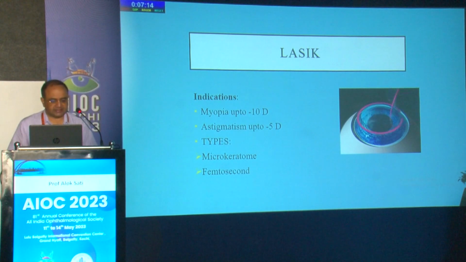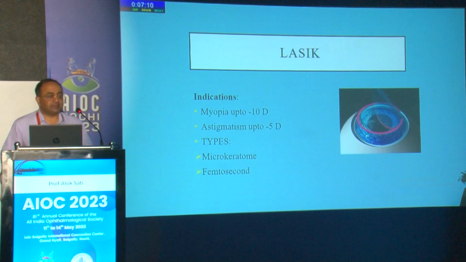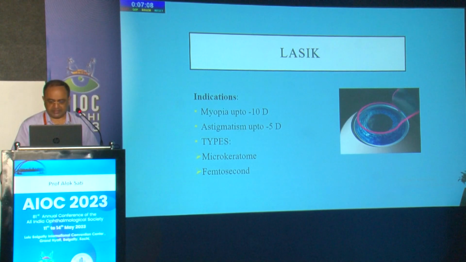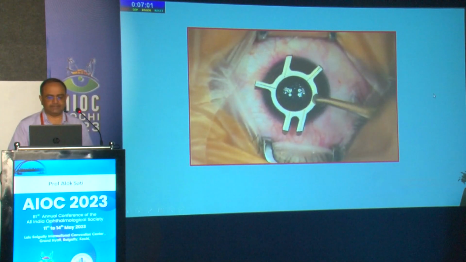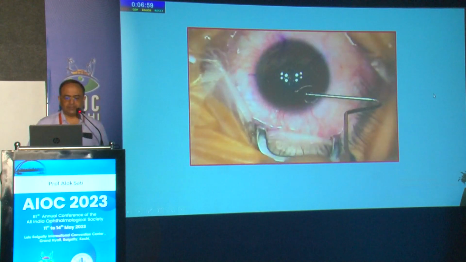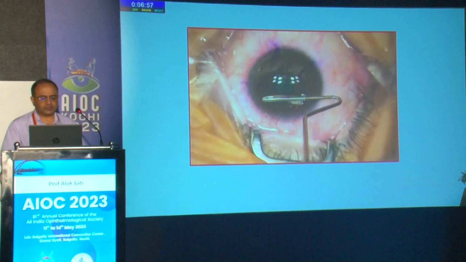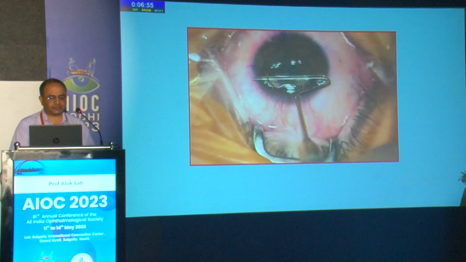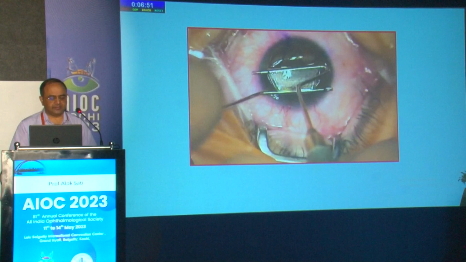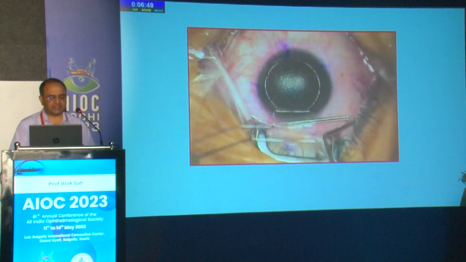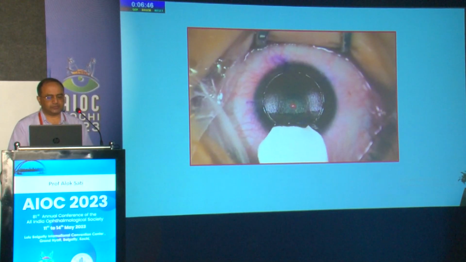depending on the corneal thickness. And we perform LASIK either by microkeratome or by femtosecond laser. This is how the procedure is performed. After making a flap first, we subject the cornea to the excimer laser.